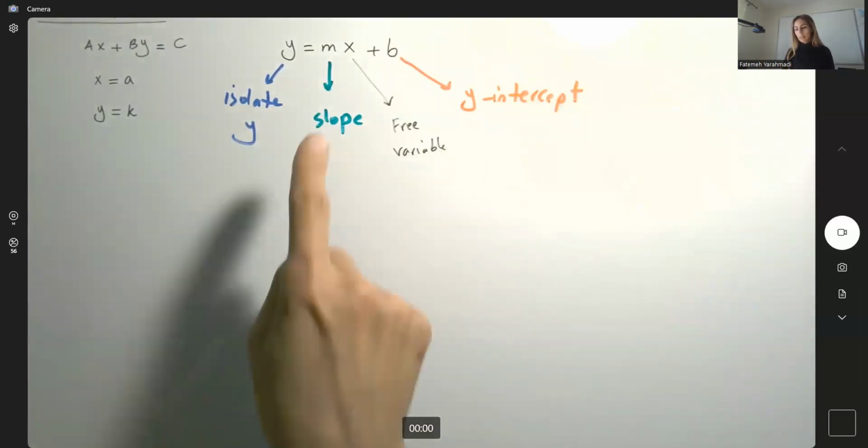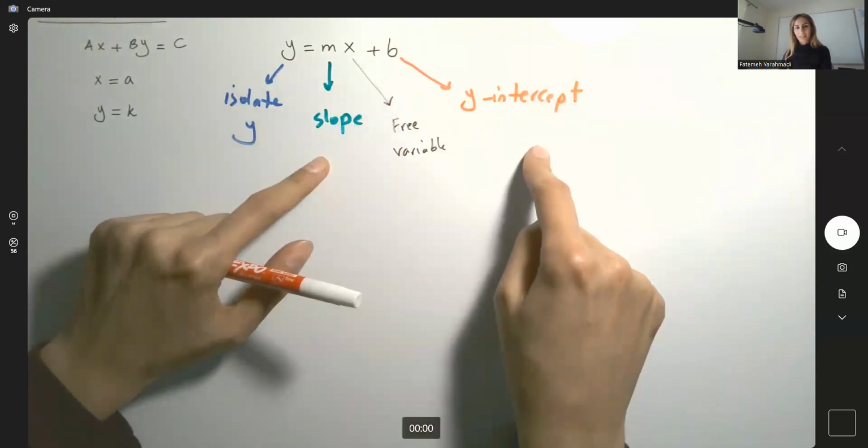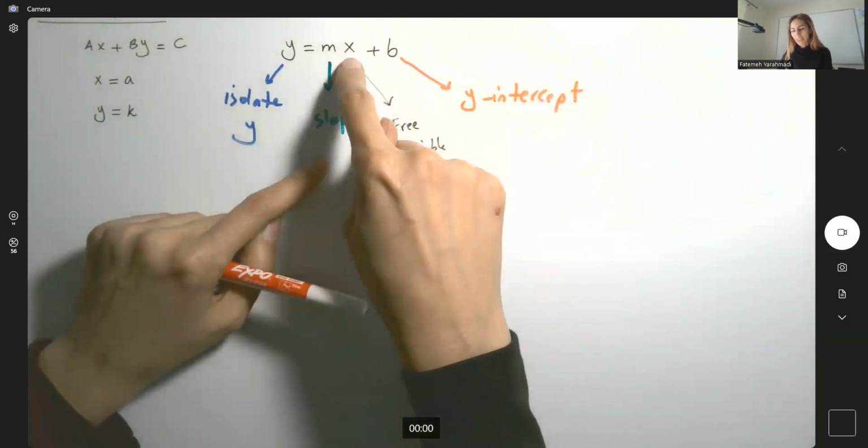So this equation is called the slope-intercept formula.